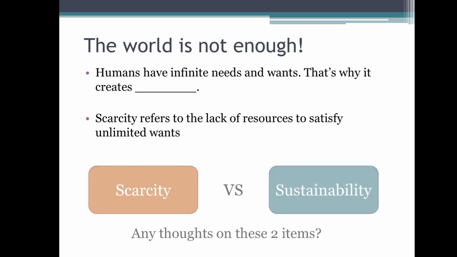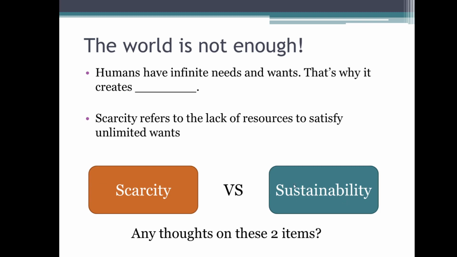But this chapter we have learned that already, so I'm just gonna go quick. Now we talk about unlimited wants, scarcity, those sort of things. Friday is also a public holiday. But now I really want to discuss these two items: scarcity versus sustainability.